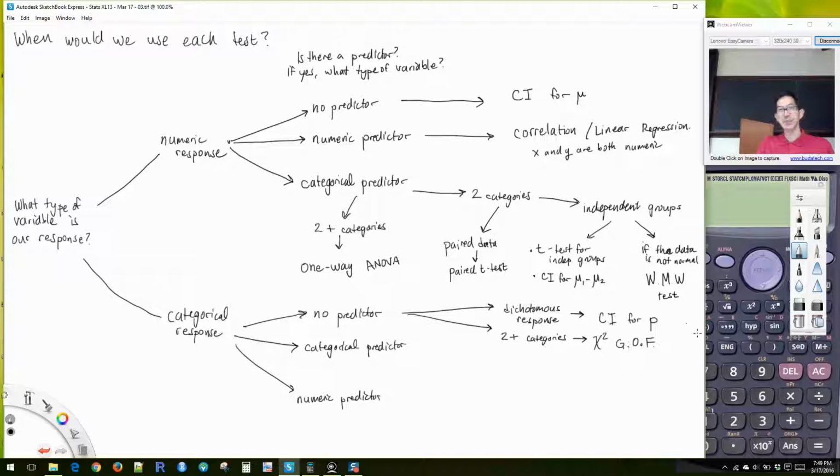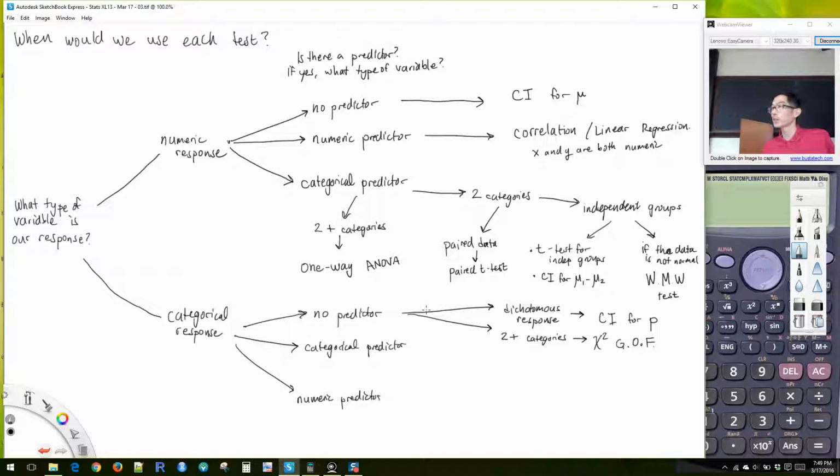So this is chi-squared goodness of fit. If you have two or more categories, we don't have any predictor. We just have certain categories, and we have proportions in mind for the categories. There's no predictor. We just want to know, is this proportion reasonable for these categories? Comparing them to observed values. Yes.